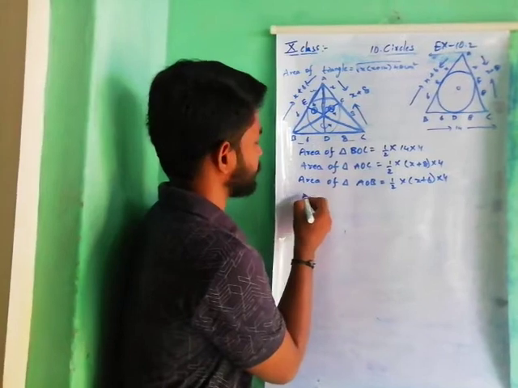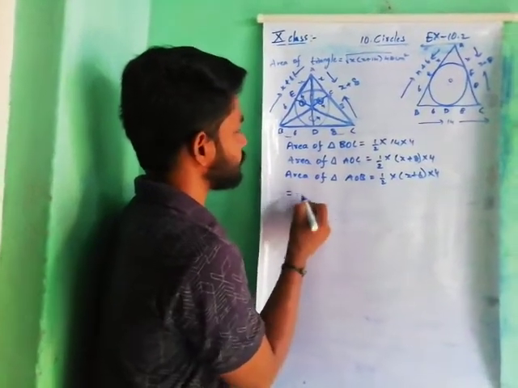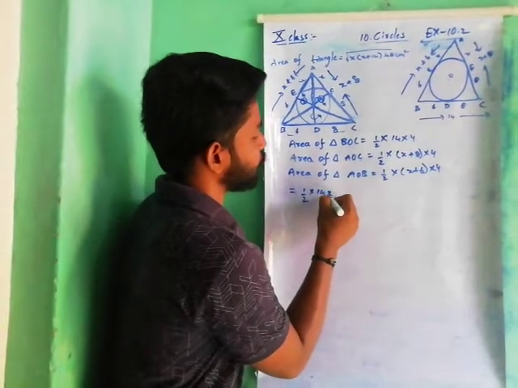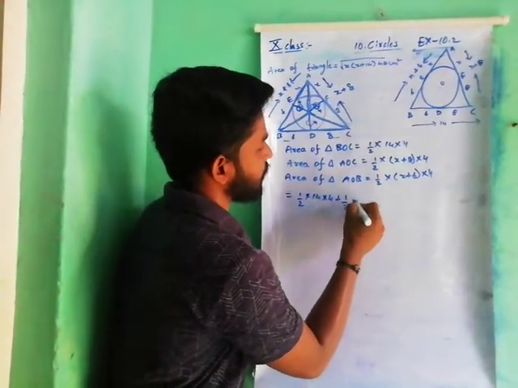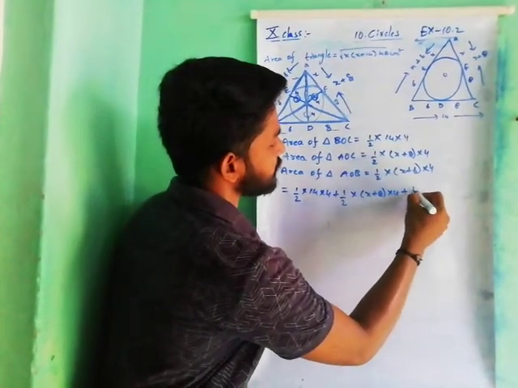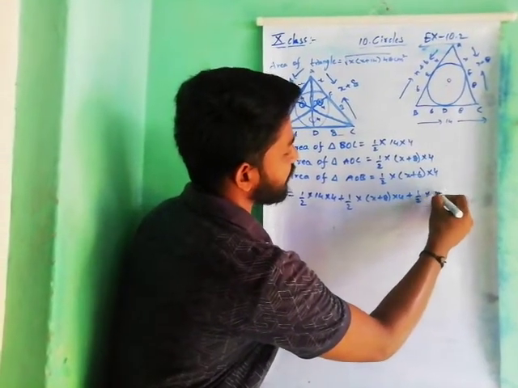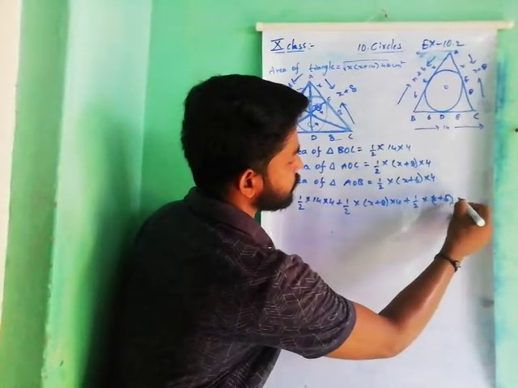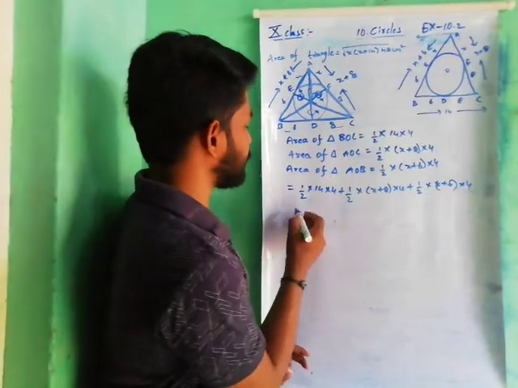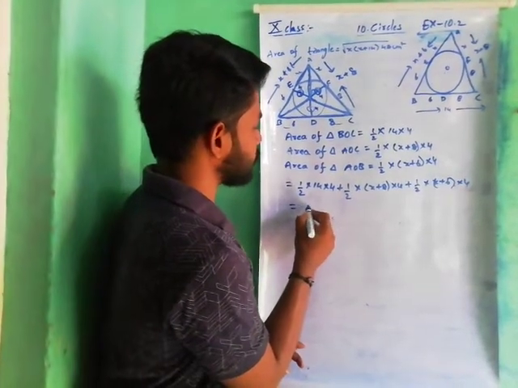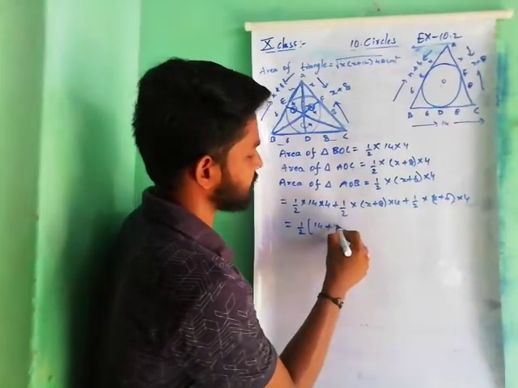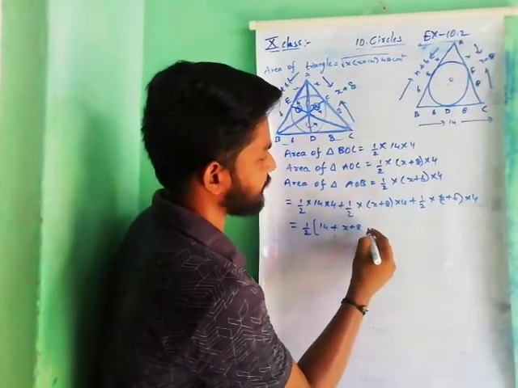Now this total sum: half into 14 into 4 plus half into x plus 8 into 4 plus half into x plus 6 into 4. Clear?